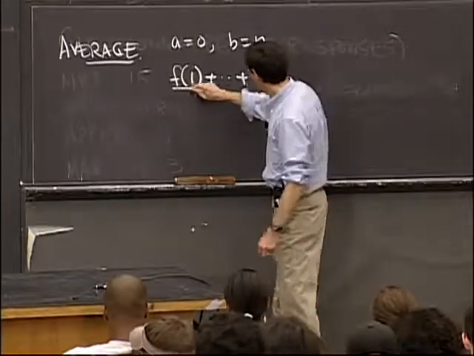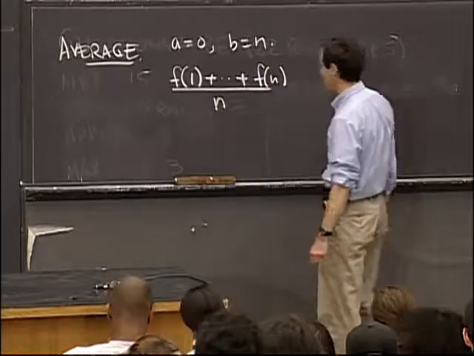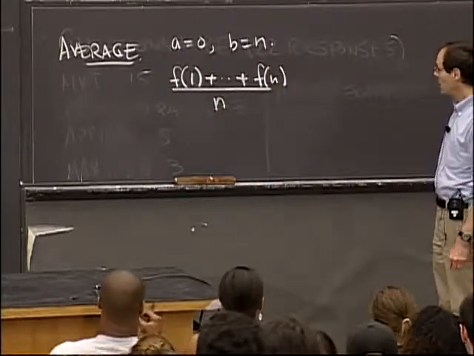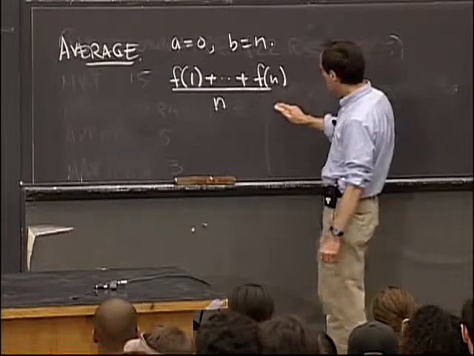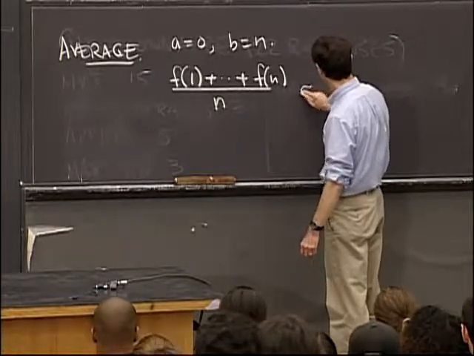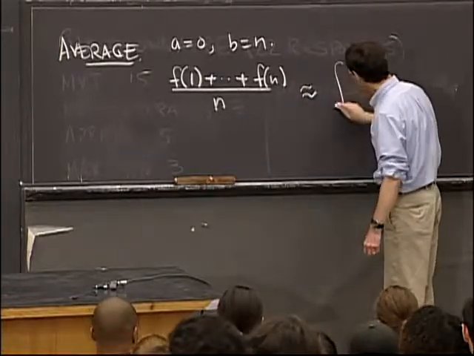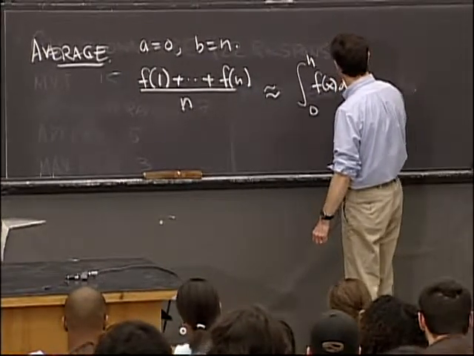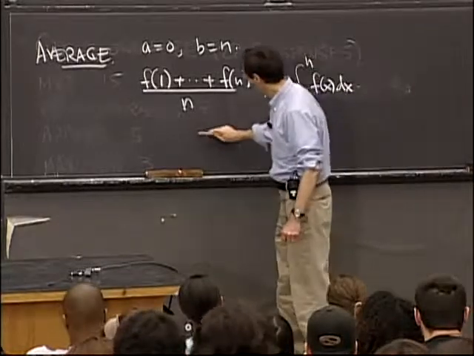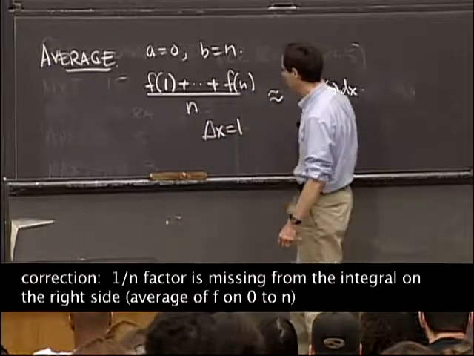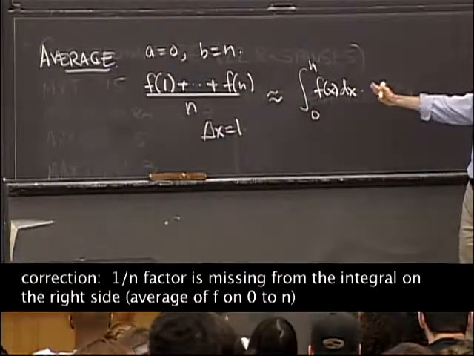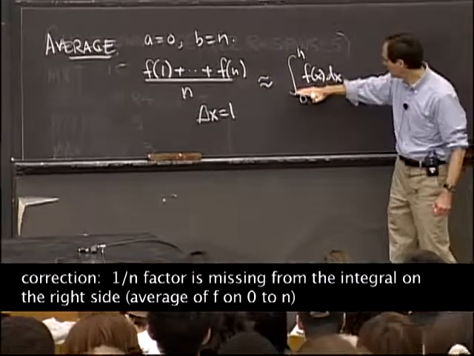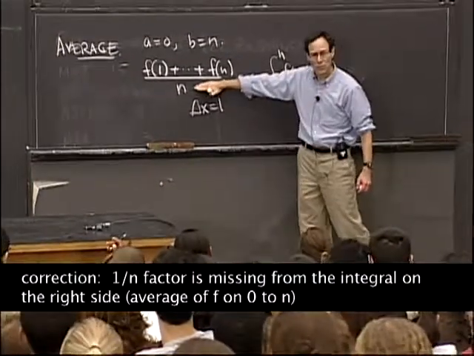But the average is we divide by n here, all right? So this is the average. And this is a kind of Riemann sum representing the integral from 0 to n of f of x dx, where the increment, delta x, is 1. All right? So this is the notion of an average value here, but in the continuum setting as opposed to the discrete setting.